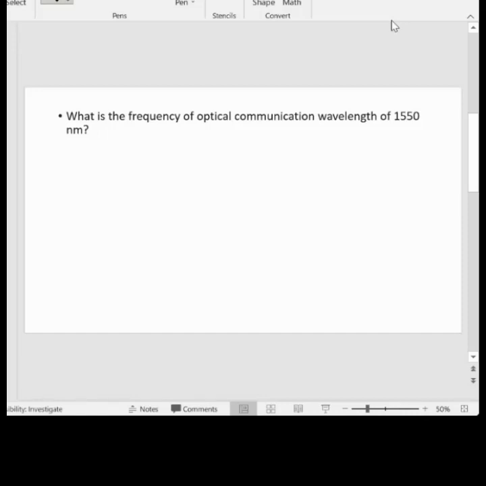So our next question is, what is the frequency of optical communication wavelength of 1550 nanometers? So we just rearrange our equation. We write frequency is equal to the speed of light divided by the wavelength, which is 1550 nanometers. If we convert this to meters, we need to multiply by 10 to the power of minus 9.